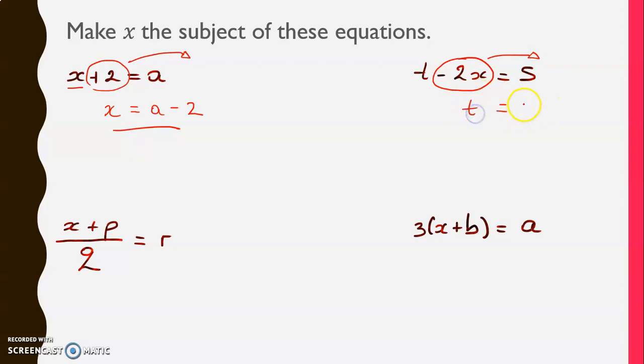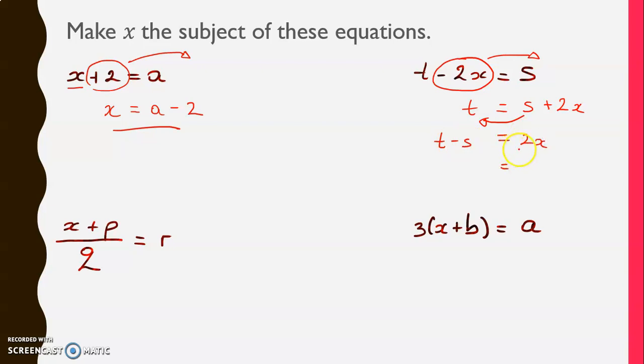So t equals s plus, in this case, 2x. Now we want to isolate 2x, so we move s to the other side. Since s is added to 2x, then we end up with t minus s equals 2x.